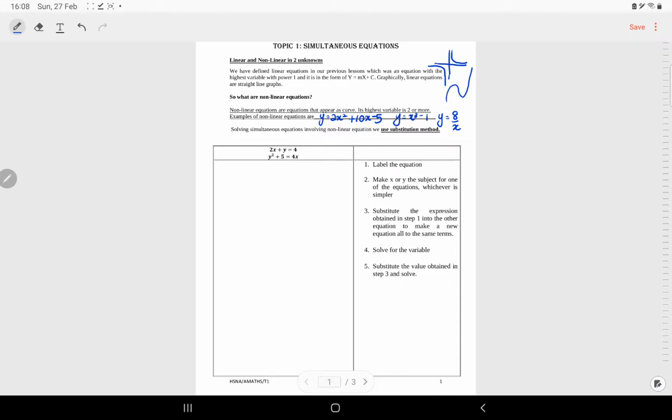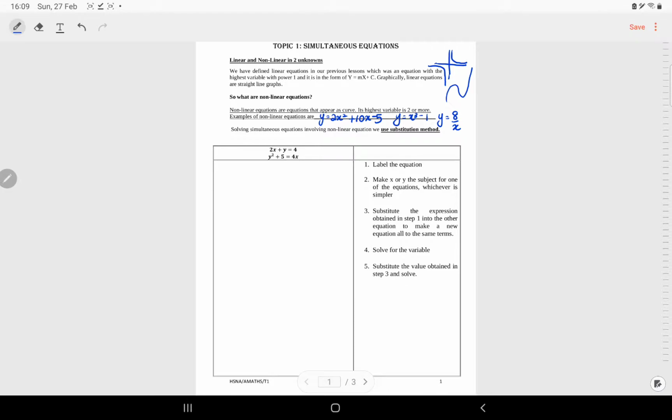Non-linear equations are basically anything that appears as a curve and not a straight line.